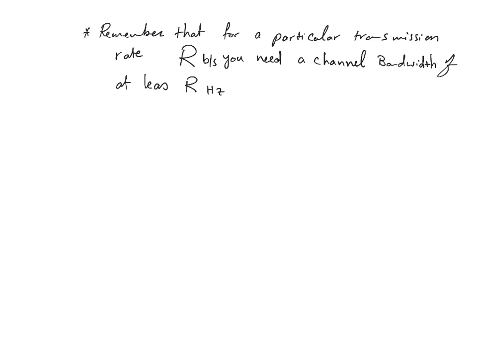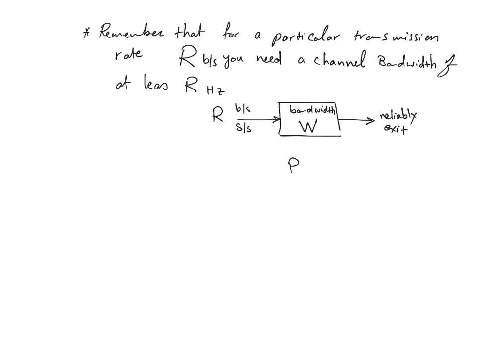So again, if you remember the block diagram, in order for a certain bits per second or symbols per second to go into a channel and exit from the channel reliably, the channel bandwidth, so that's R, whether it's bits per second or symbols per second, the channel bandwidth, let's call it W, must be such that R is less than or equal to W.